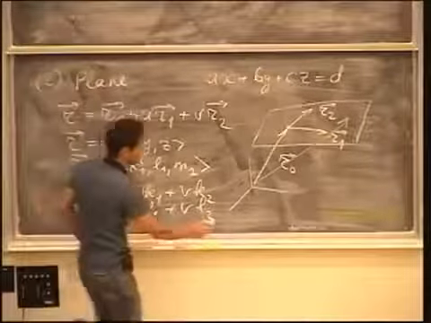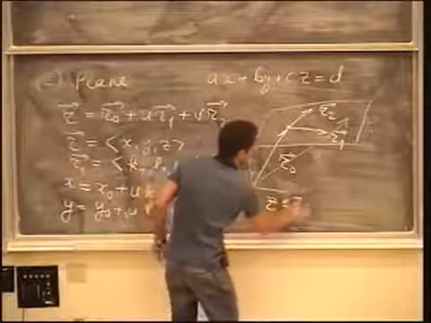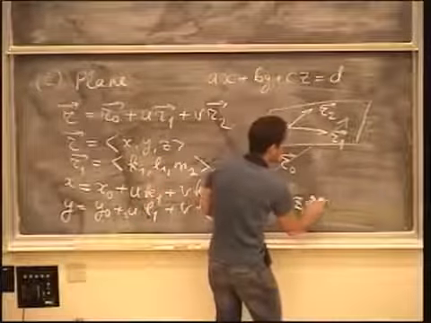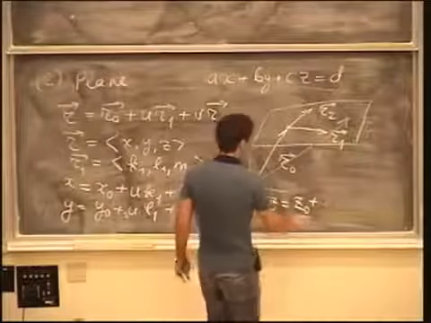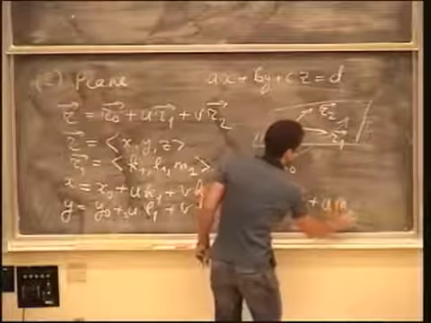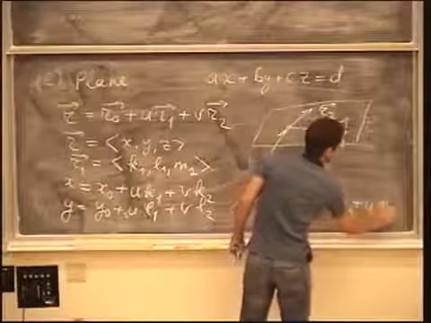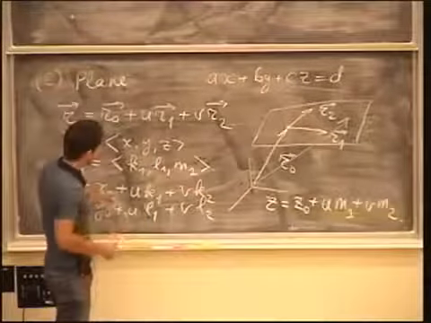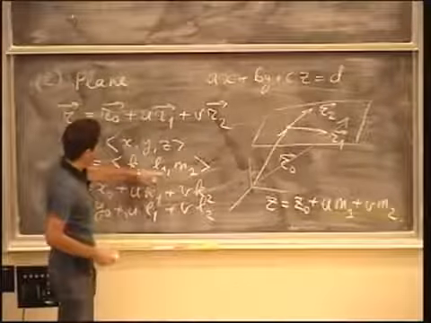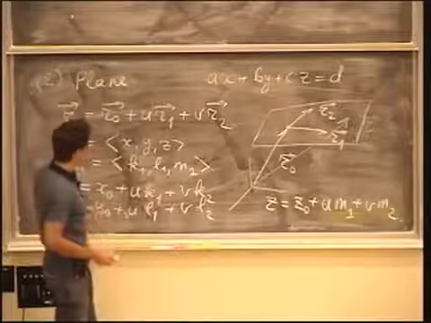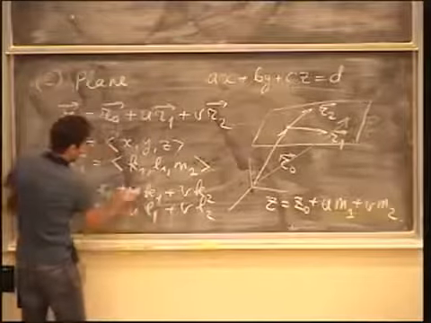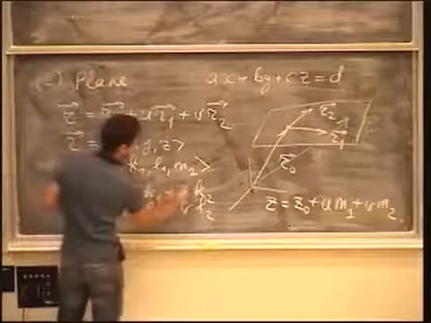And z would be z0 plus u M1 plus v M2. Okay? So here these numbers K1, L1, M1, and K2, L2, M2 are given, and the variables are u and v.